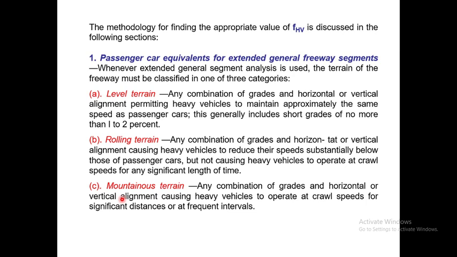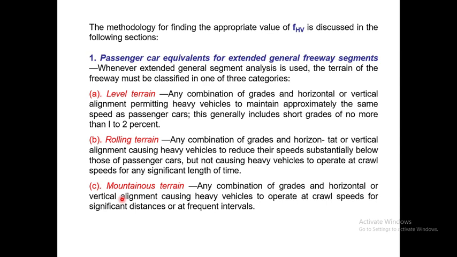We also have different kinds of terrain: level terrain, rolling terrain, mountainous terrain. I'm sure you already have this experience that when you are in, for example, rolling terrain, it means we are facing some grades, but the grade is not so much that the heavy vehicle cannot move, only in very slow motion.